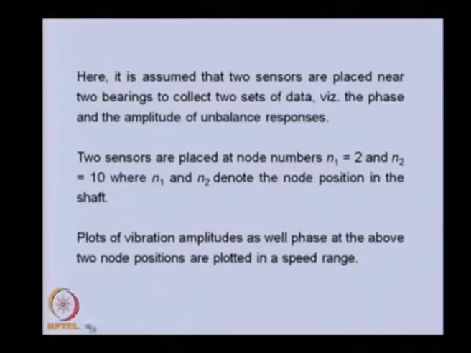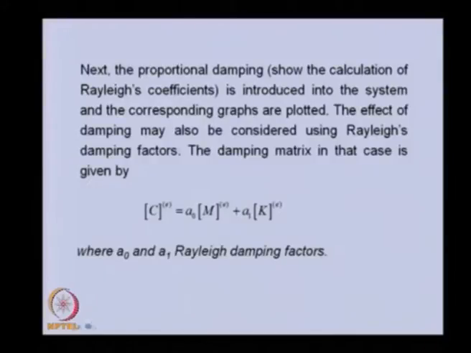Now, apart from this, we are adding damping to the system so that the responses are more realistic. Here we have added proportional damping. Rayleigh damping we also described while discussing the finite element analysis of the rotor system.